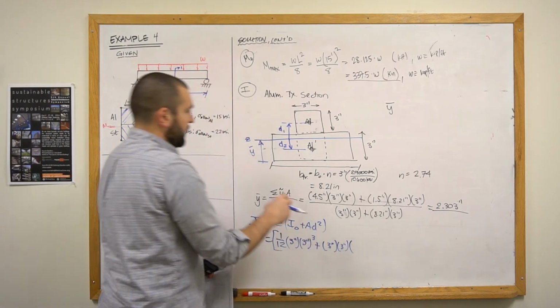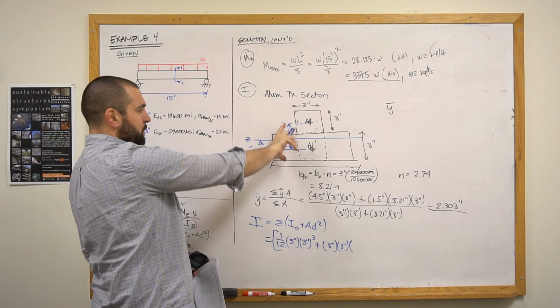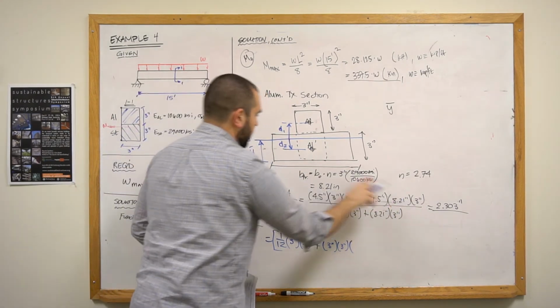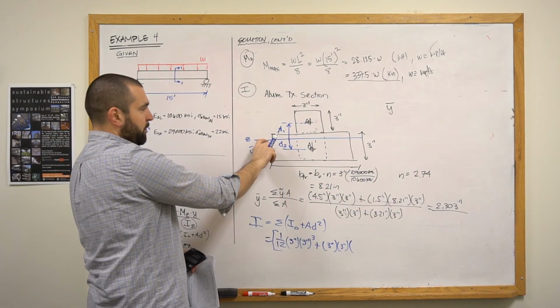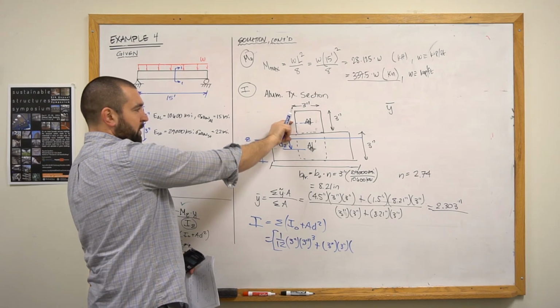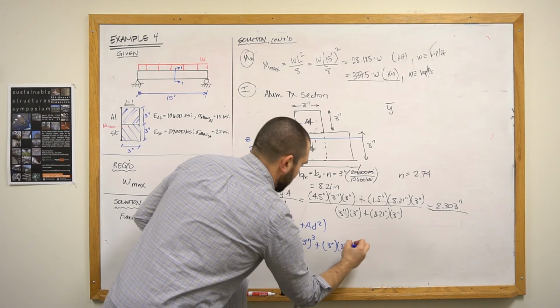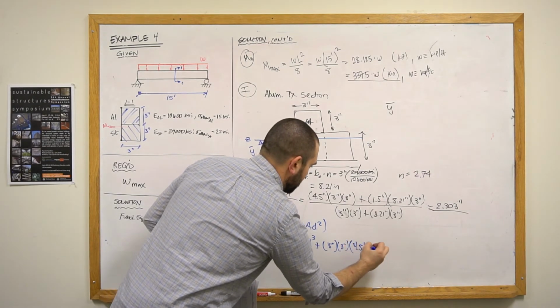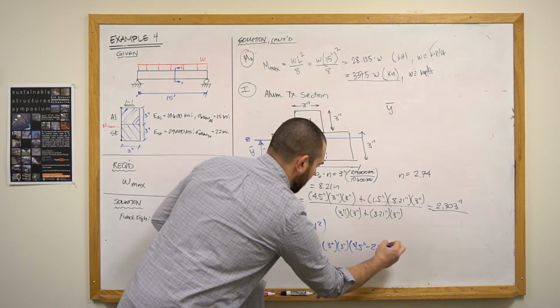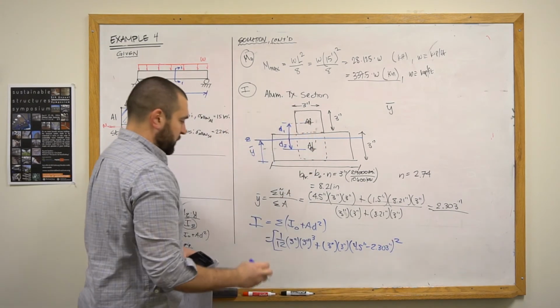And D is going to be the 4.5 inches minus the 2.303 inches that we calculated before. Because all that I want is this distance here. So I go from here to here, then subtract here to here. So that'll be 4.5 inches minus 2.303 inches. And don't forget the squared term.